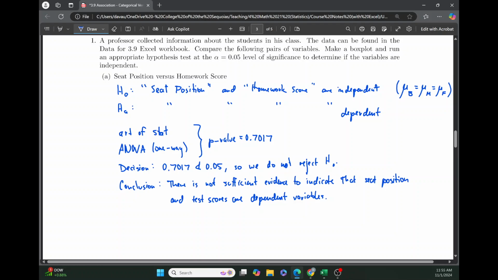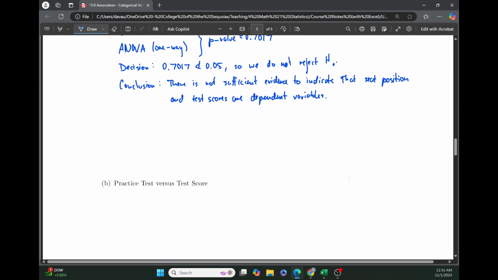Okay, there's not sufficient evidence to say that they're dependent. So apparently it doesn't matter where you sit in class. It's not going to affect your homework score. Very good. Let's look at the next one.